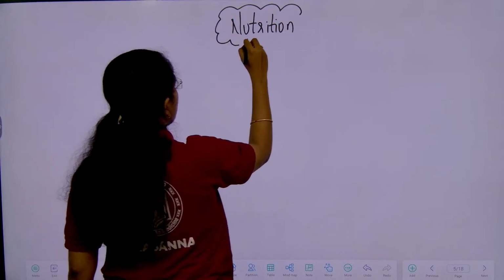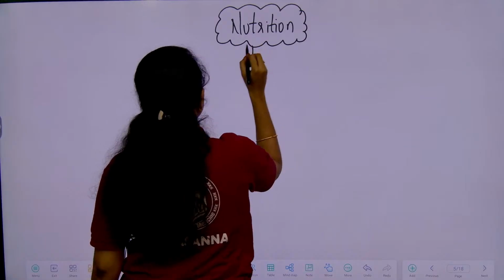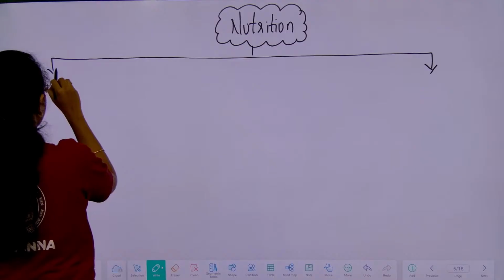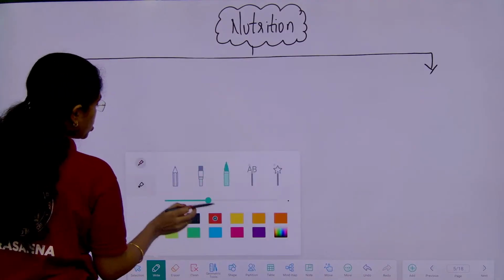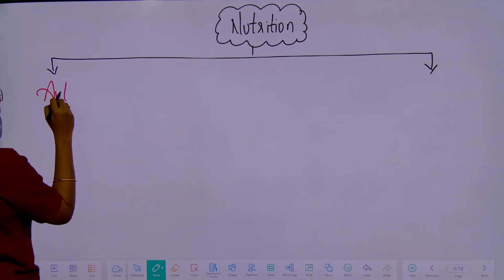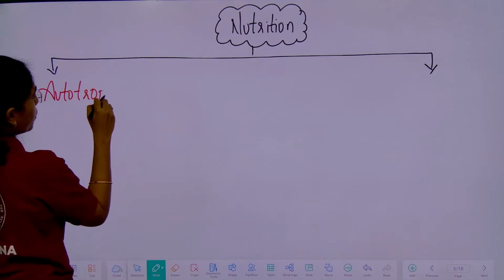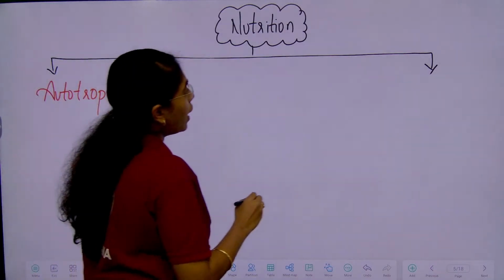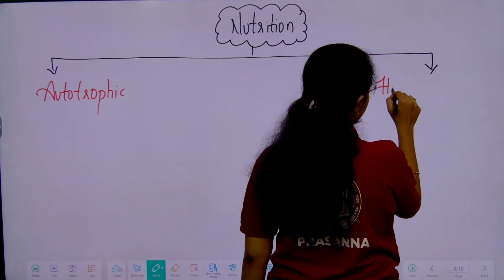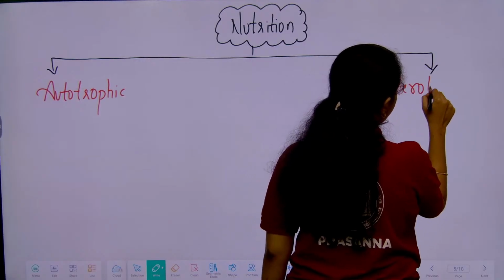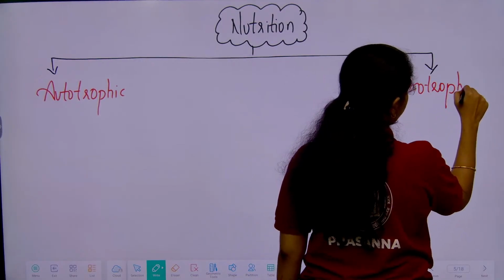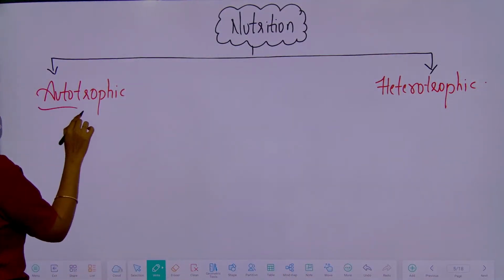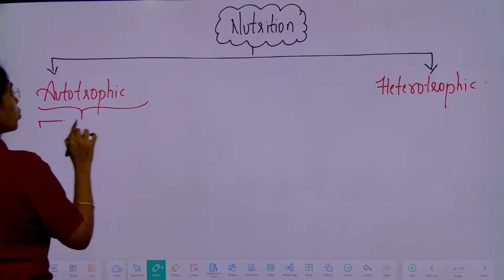Nutrition is of two types. Autotrophic mode of nutrition and heterotrophic mode of nutrition. So here if you observe, autotrophic mode of nutrition can be operated in two methods.